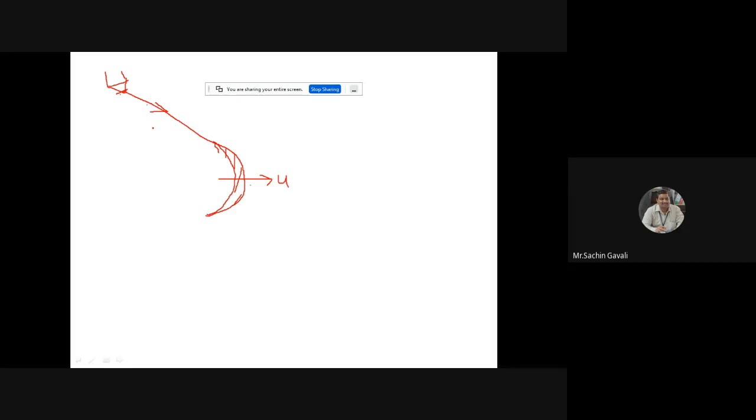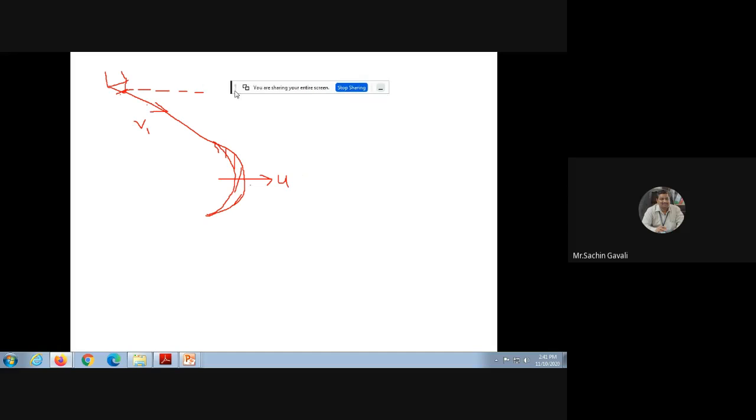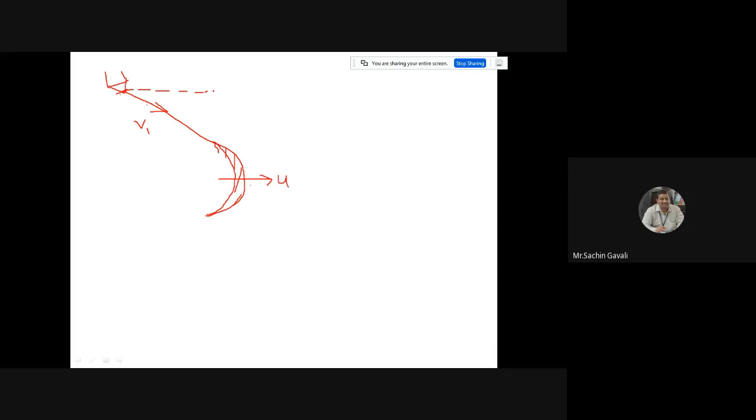This velocity is called V1, or we can say C1. This velocity V1 makes an angle with the horizontal, which we call alpha 1. And this V1, I told you, has two components. One is the vertical component.